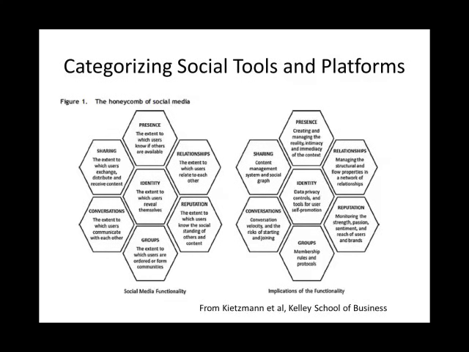And similarly, Kietzmann et al. from the Kelley School of Business, in one of your assigned readings, has updated that and I think harmonized current social media fairly well with some of the older theories of communication. He proposes that there are seven different channels, arranged in a honeycomb, that different media may be stronger or weaker in.